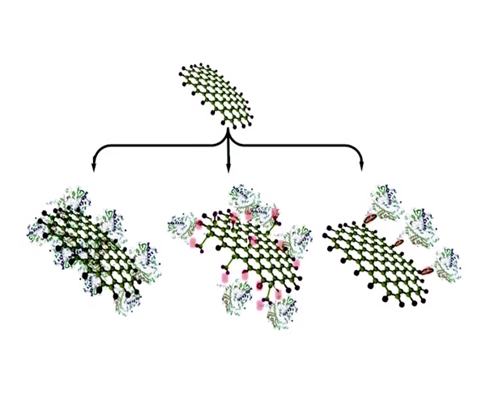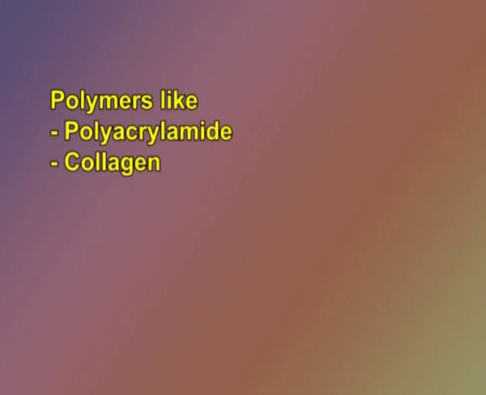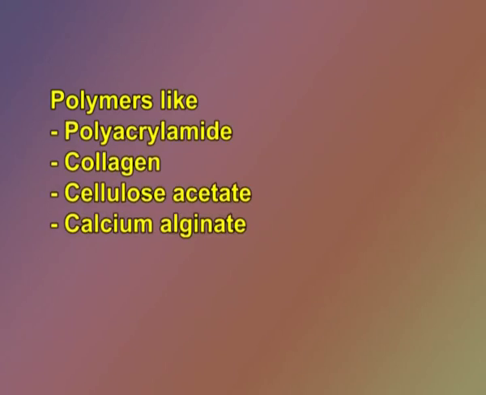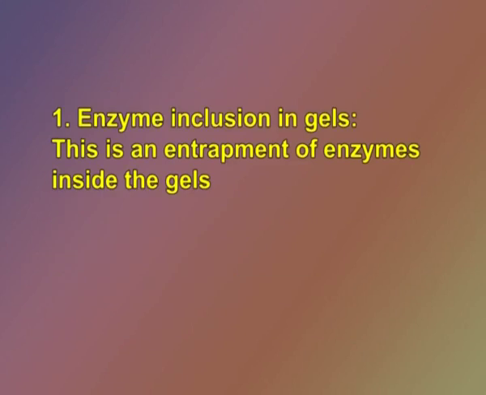Entrapment is carried out by mixing the biocatalyst into a monomer solution, followed by polymerization initiated by a change in temperature or by a chemical reaction. Polymers like polyacrylamide, collagen, cellulose acetate, calcium alginate or carrageenan, etc. are used as the matrices. Enzymes can be entrapped in several ways. First is enzyme inclusion in gels.